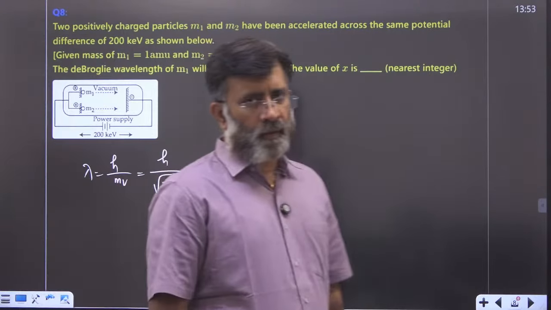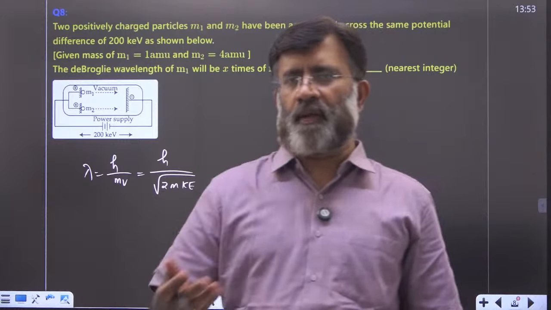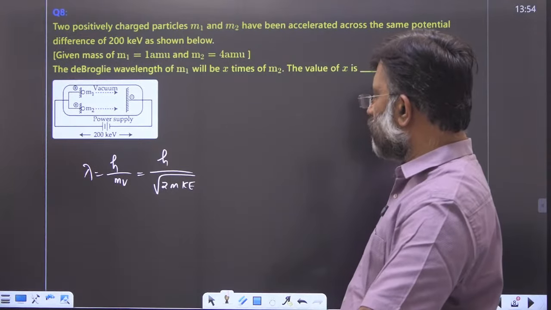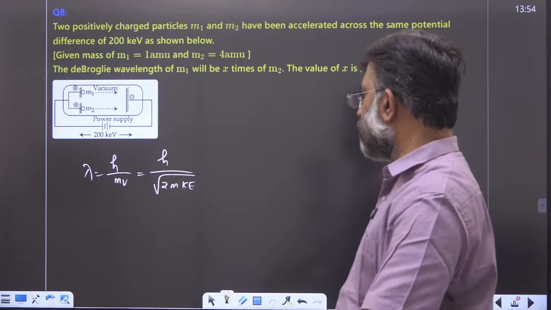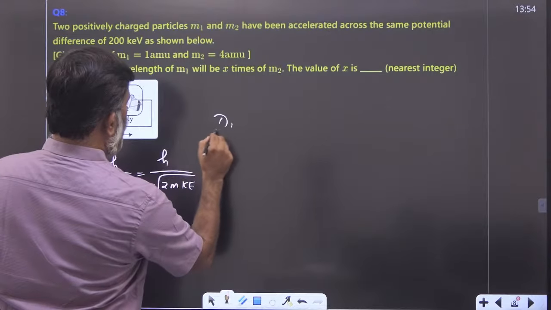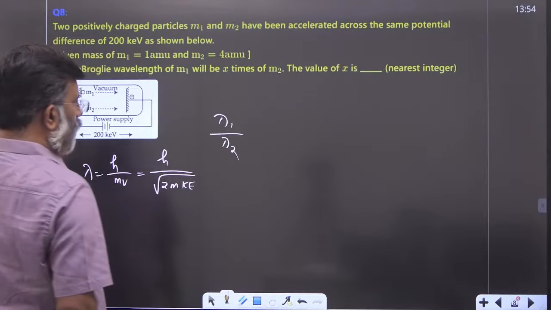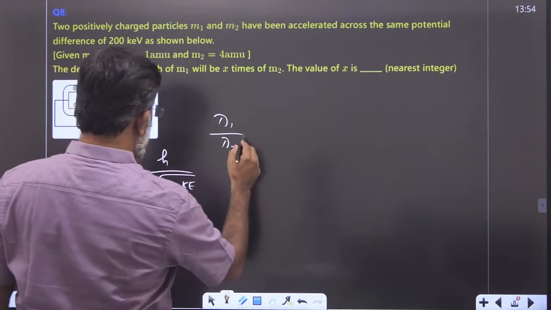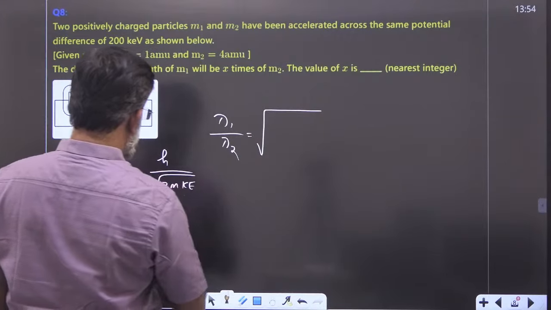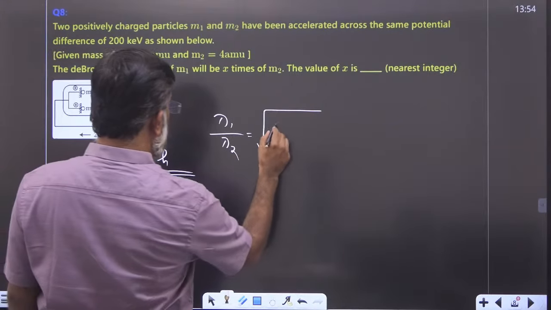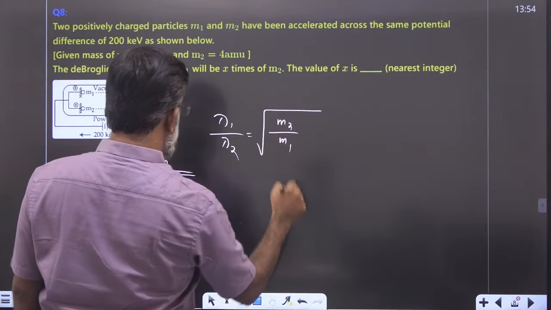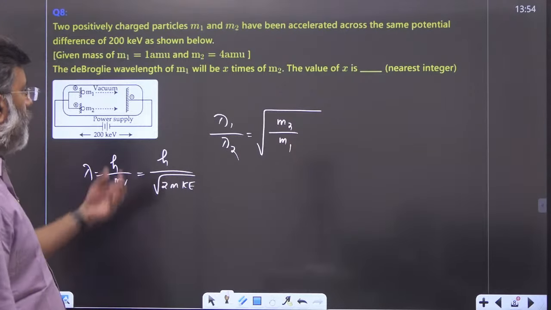Lambda 1 by lambda 2 will be, everything else will cancel, root of m2 by m1. Correct, right? Everything else will cancel.